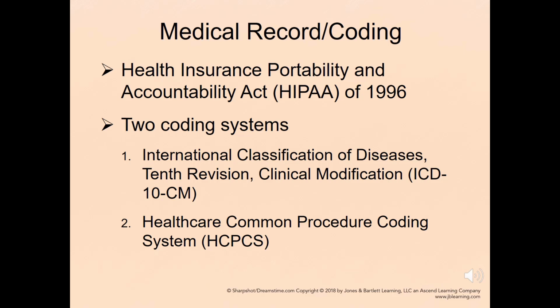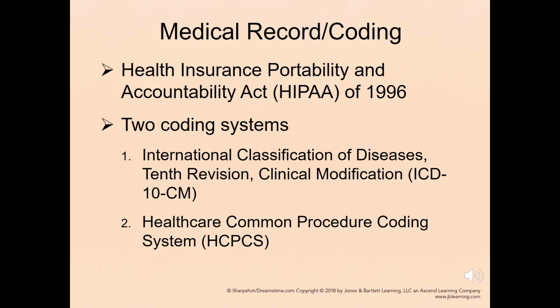The Health Insurance Portability and Accountability Act of 1996, otherwise known as HIPAA, provides the basis for the present state of medical coding. There are 2 systems: the International Classification of Diseases, commonly referred to as ICD-10, referencing the 10th revision, the clinical modification, so you'll see it as ICD-10-CM, and the Healthcare Common Procedure Coding System, or HCPCS.